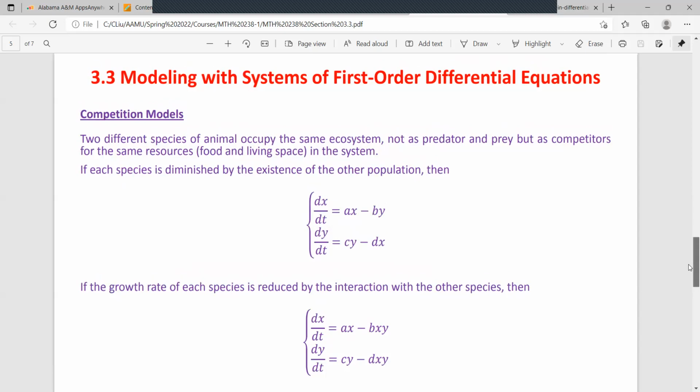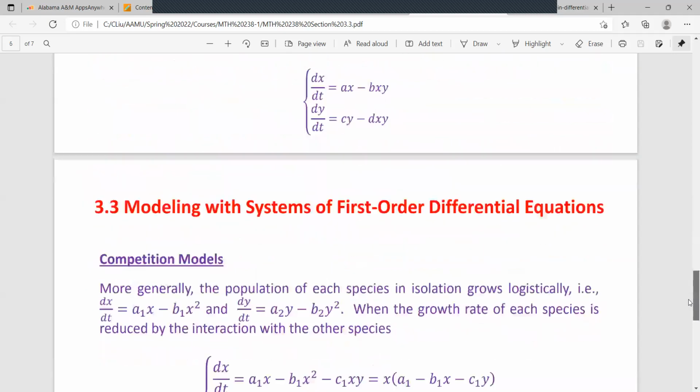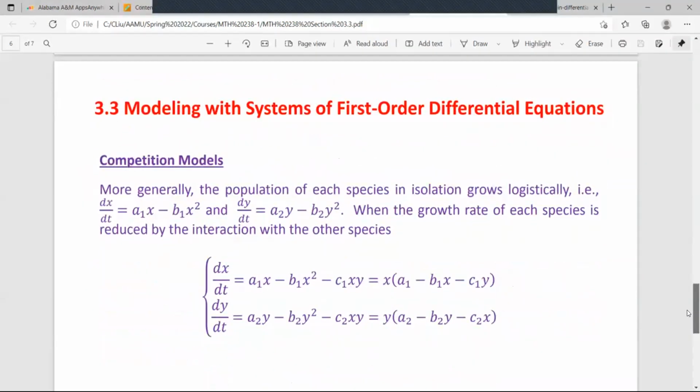So these are different models, and we just add more terms to make it more realistic.